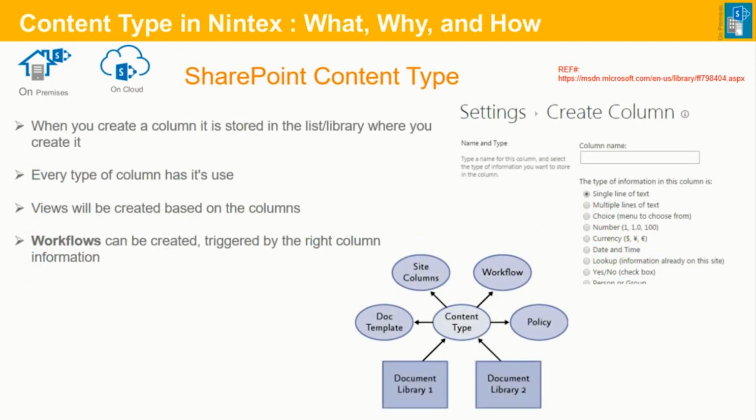As we said, the way you create a column is that you go to your list or document library, create a column, and you'll be presented with data types you can choose from. Okay. The column, if you create it, as we said, on the level of the list or the library, is stored on that level. It's not somewhere else.